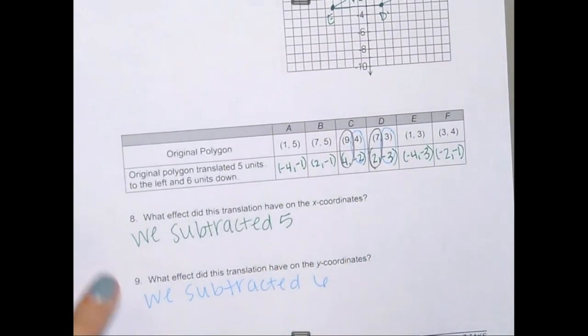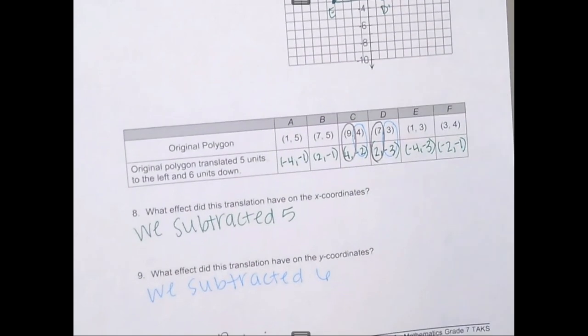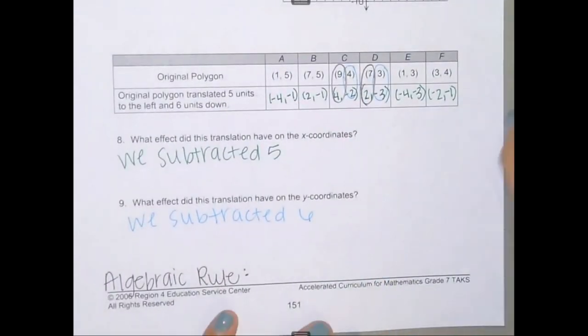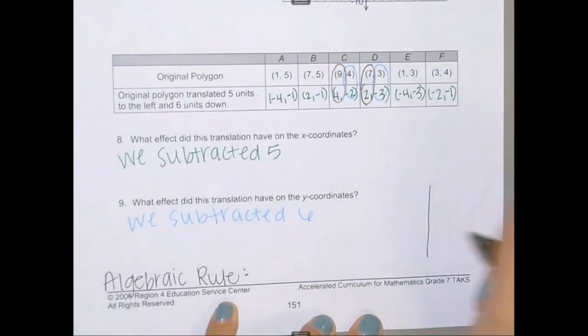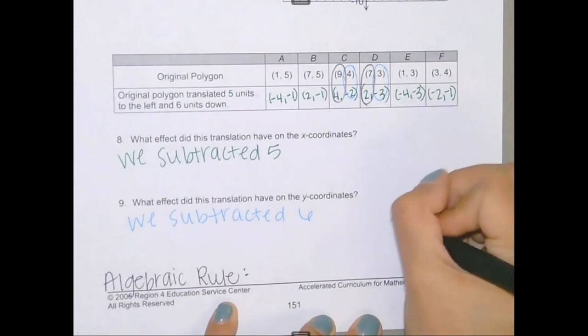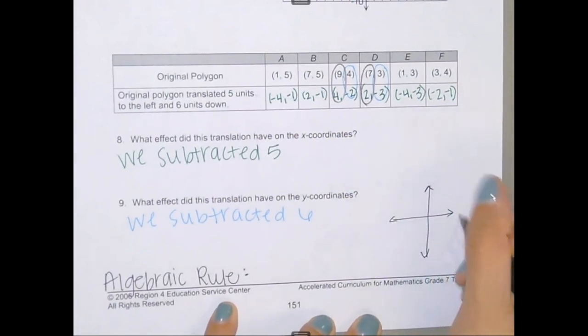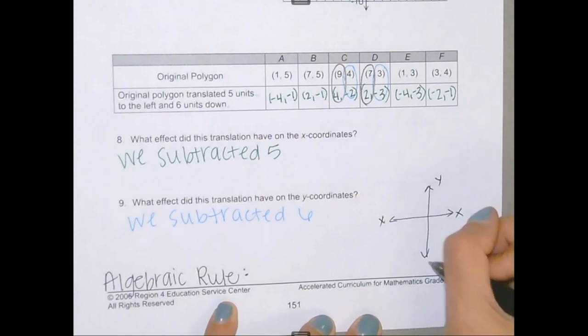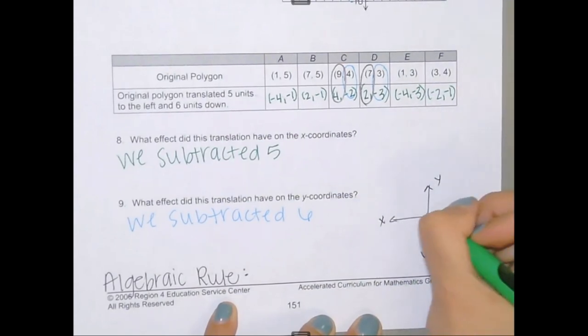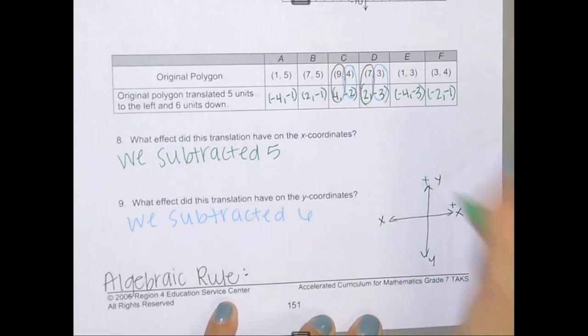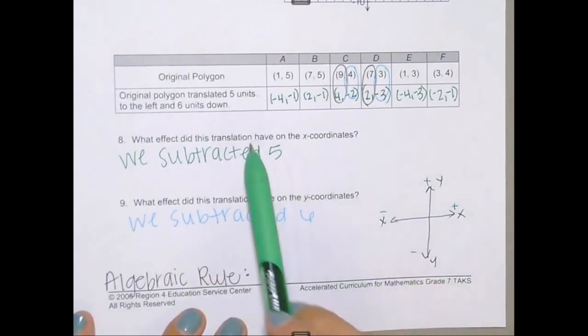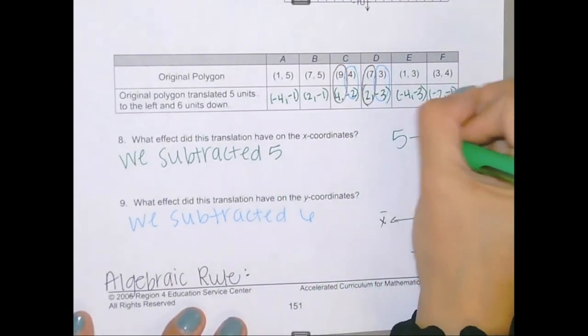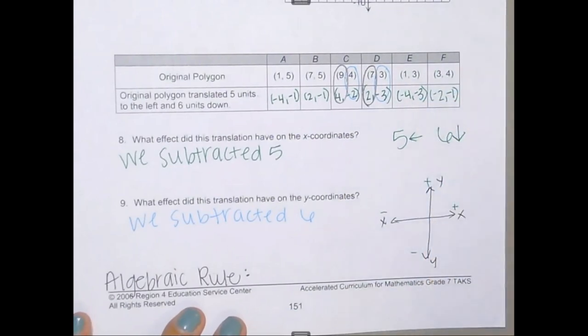So for my algebraic rule, okay, if I have my little coordinate plane here, x's, y's, to the right, they're positive, up, they're positive, left, they're negative, down, they're negative. So on this one, we went 5 to the left, 6 down.